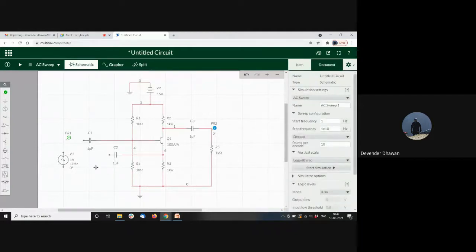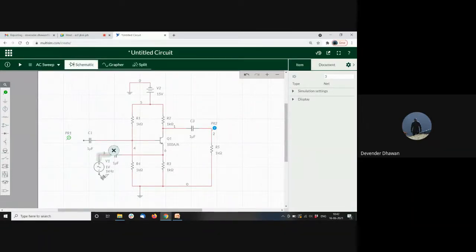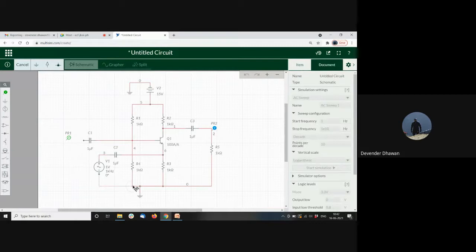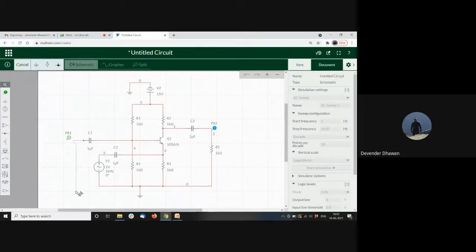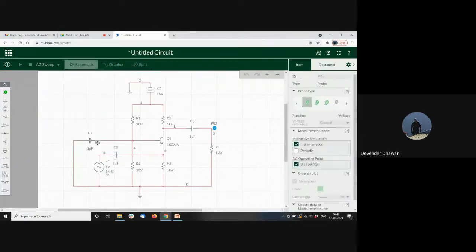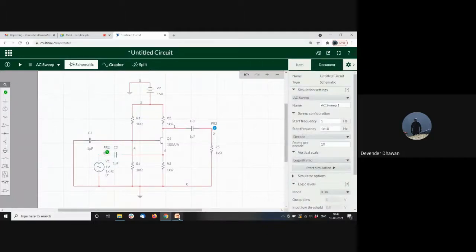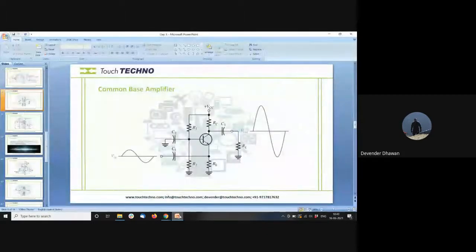Input would be here. And then this is also going to the ground like this, and our probe one will come here now. Let me just cross check once more.